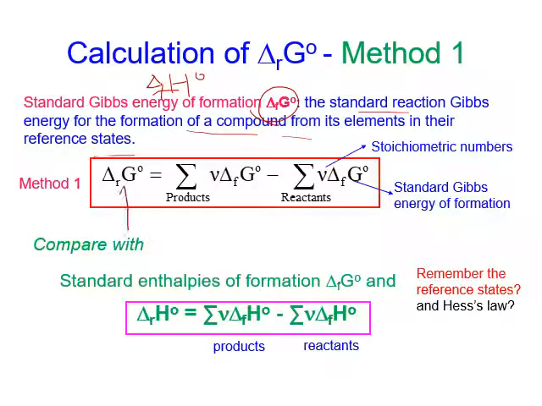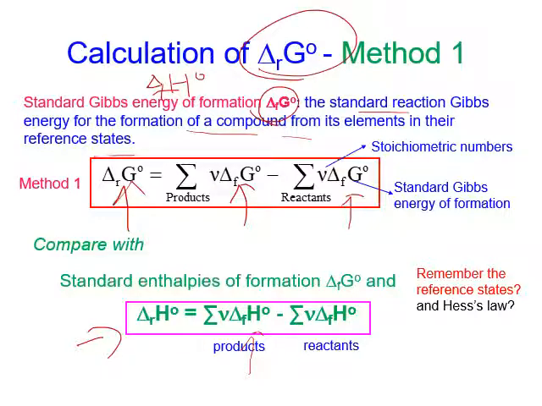The standard reaction Gibbs energy is the standard Gibbs energy of formation of the products minus the standard Gibbs energy of formation of the reactants. Just like the reaction enthalpy is calculated by the standard enthalpy of formation of the products minus reactants. So this is one way to calculate the standard Gibbs energy of reaction.